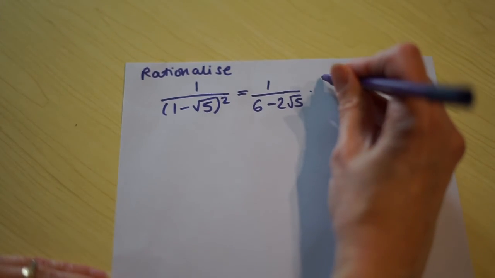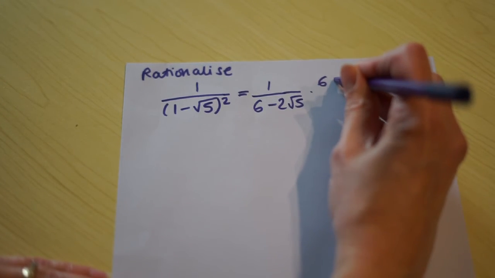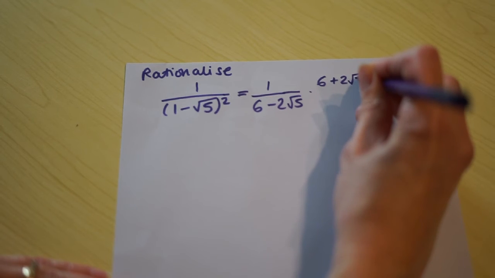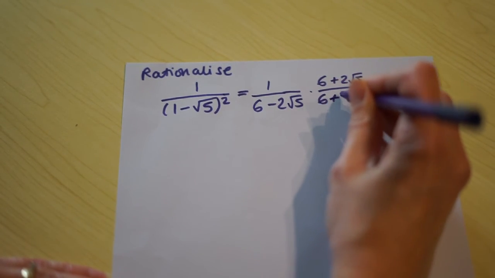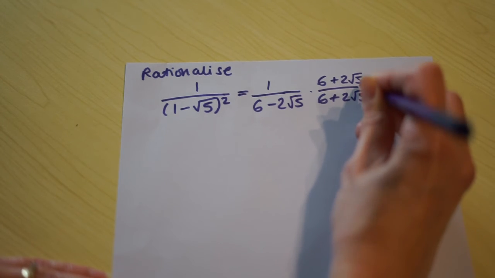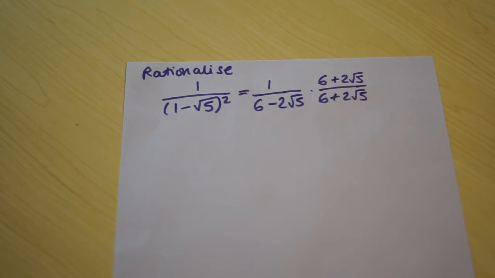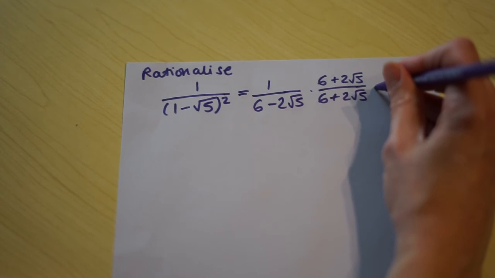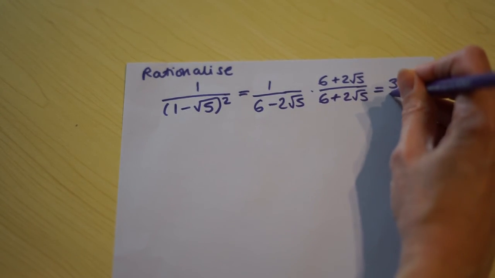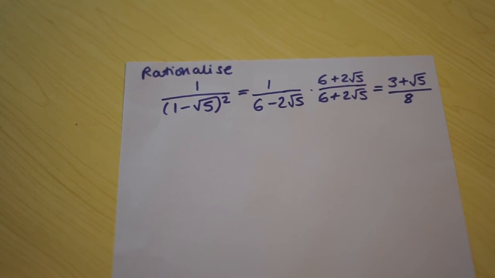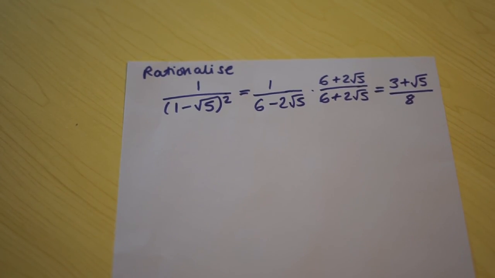So that means multiplying by this, multiplying it out and simplifying, and cancelling down would then lead to that. So that is your answer.